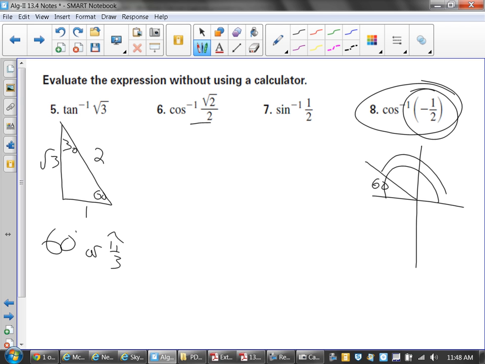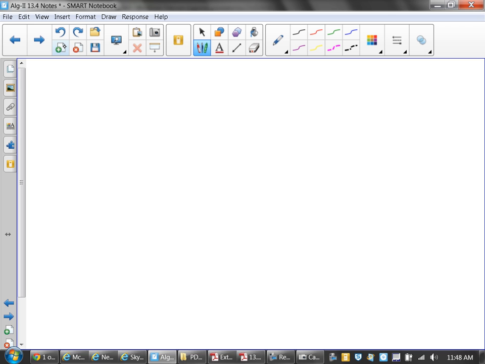What is that angle then? It's 120. This angle is 120 or 5 pi over 6. Oh, wait, no. It's 2 pi over 3. Yeah, as soon as you said over 6, that means, no, that's a 30 degree.